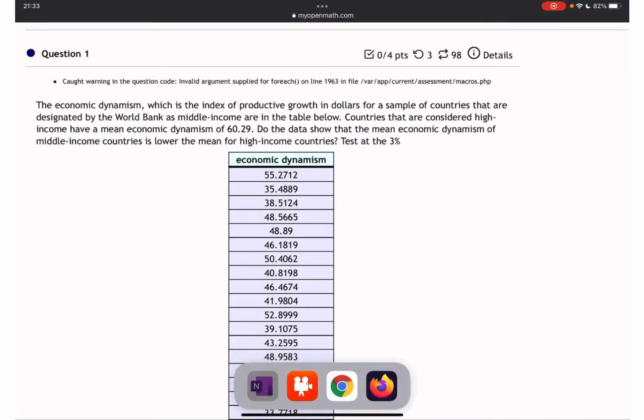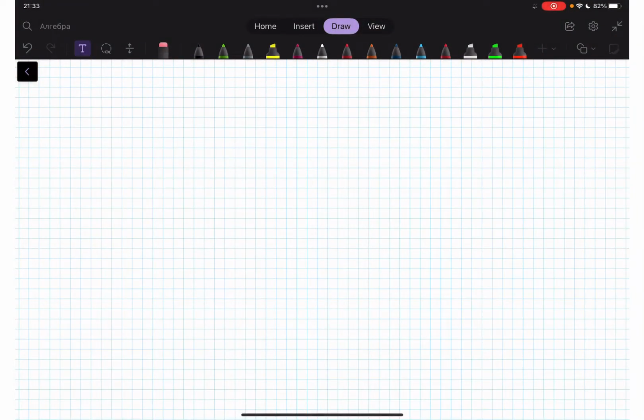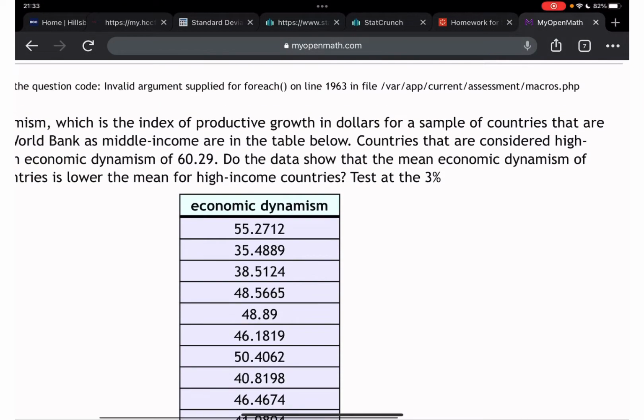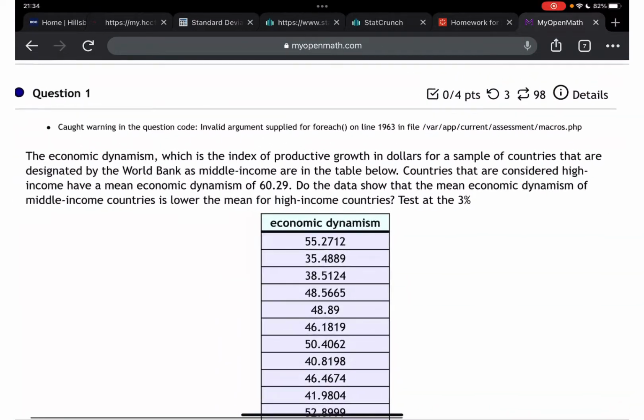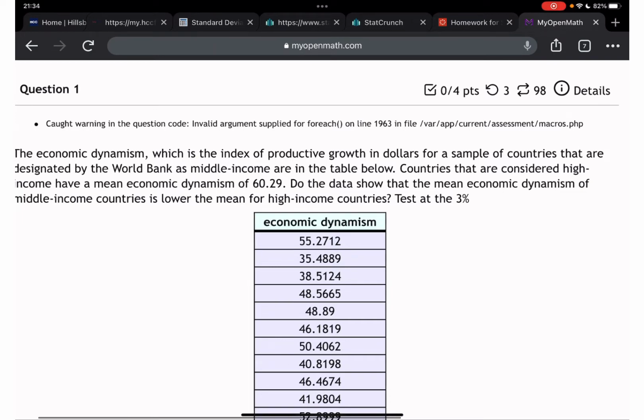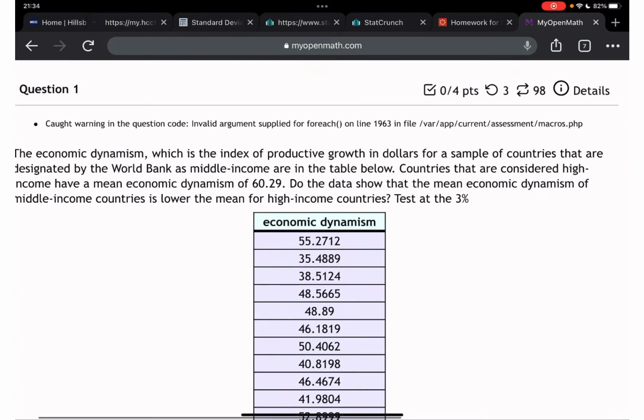Let's write down: mu is equal to 60.29. That's the average of the population, right? Because we are talking about all countries that belong to the World Bank's classification. Do the data show that the mean economic dynamism of the middle income countries is lower than the mean of high income countries? Test at 3%.